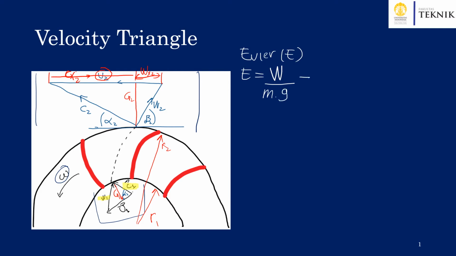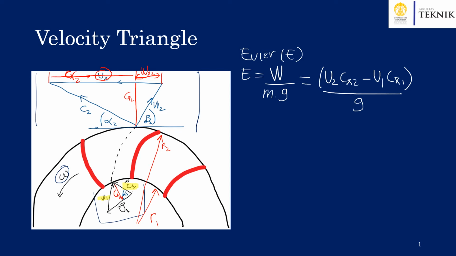And this is equal to the blade speed at the outlet, u2, multiplied with the tangential component of the absolute velocity at the outlet, or Cx2, minus the conditions at the inlet, divided by gravity.